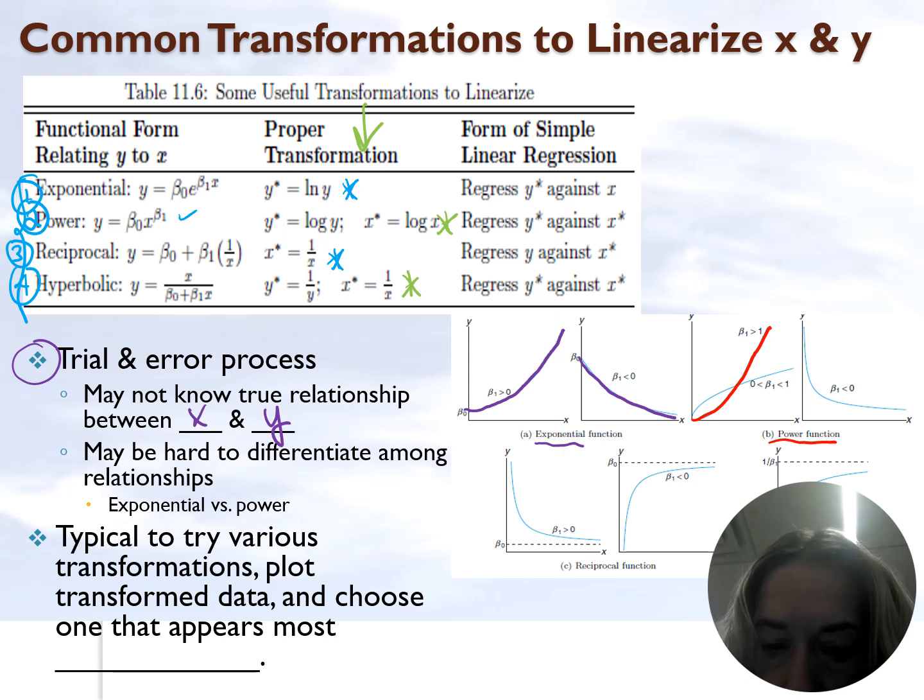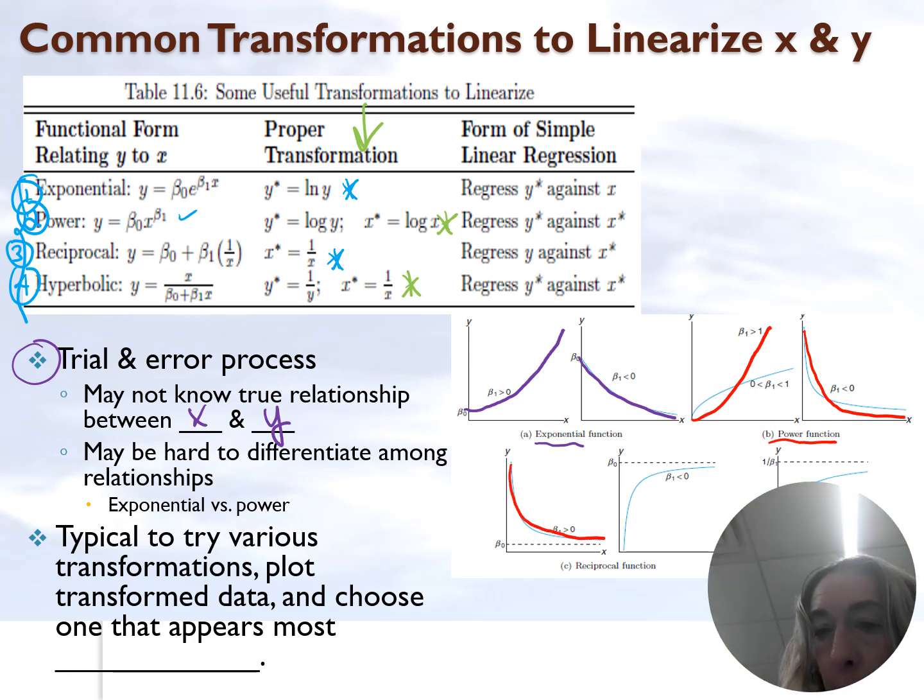Well, the power relationship is similar as well, as is the reciprocal. So it can be hard to differentiate visually as to what the true relationship or functional form may be between X and Y. So actually, what's done is, again, trial and error.